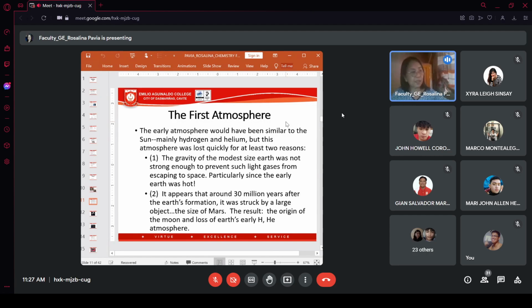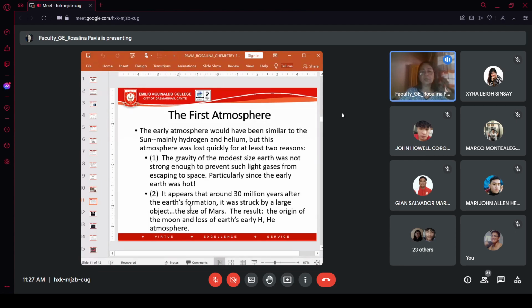Now, it appears that around 30 million years ago, after the Earth's formation, it was struck by a large object the size of Mars. The result, the origin of the moon and the loss of Earth's early hydrogen and helium in the atmosphere.